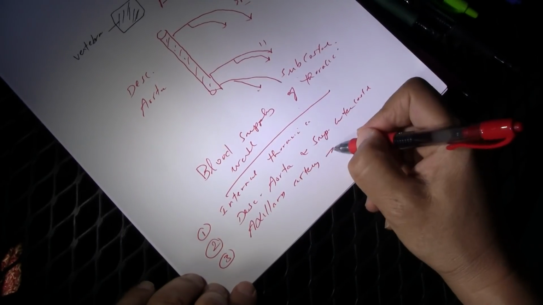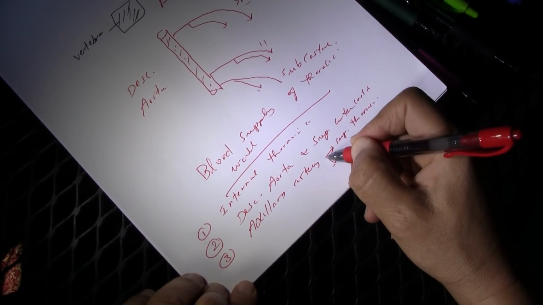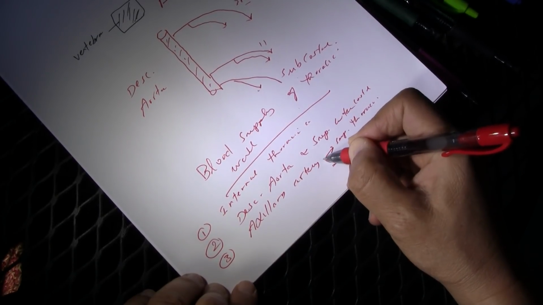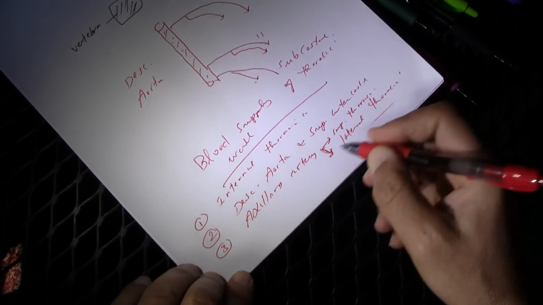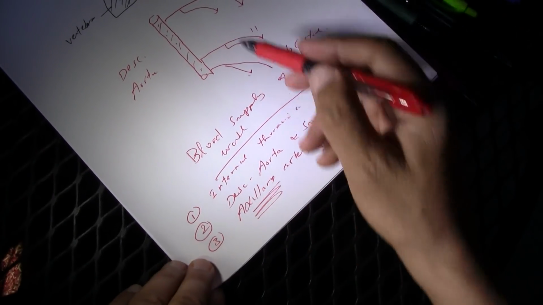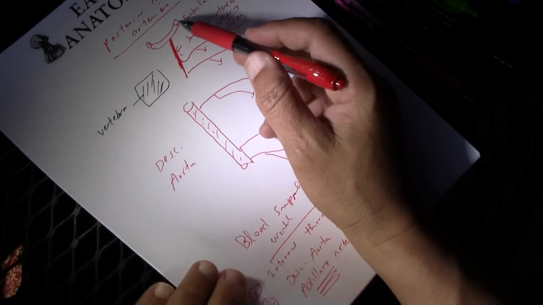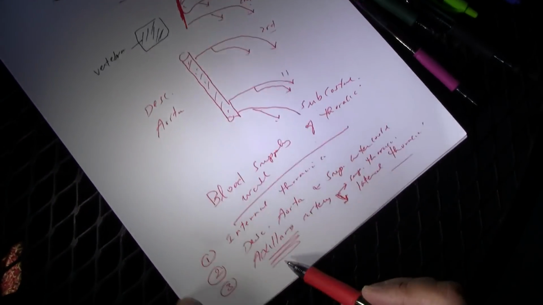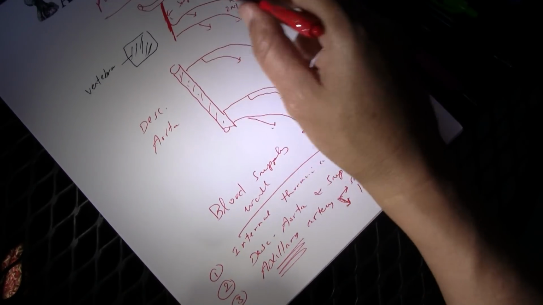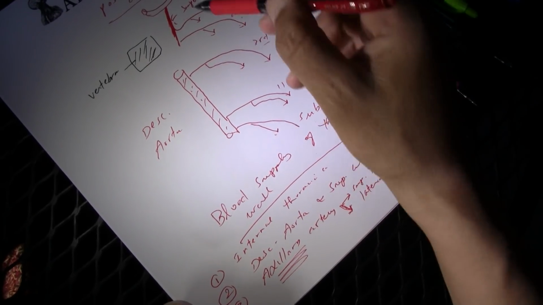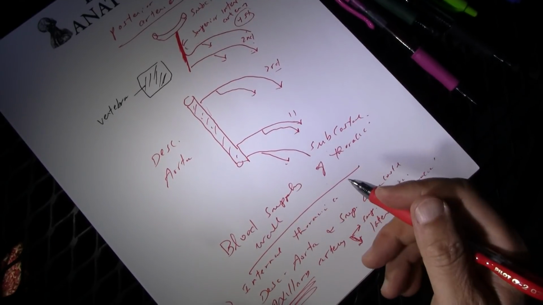One of them is called the superior thoracic and the lateral thoracic. Those are branches from the axillary artery. And the axillary artery is a continuation of subclavian. So subclavian will continue in the axilla as axillary, which also contributes through two branches, superior thoracic and lateral thoracic. All of them anastomose together. That's why if there is any obstruction in one of them, it can be compensated by the others. Okay.